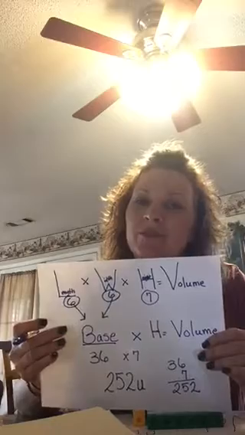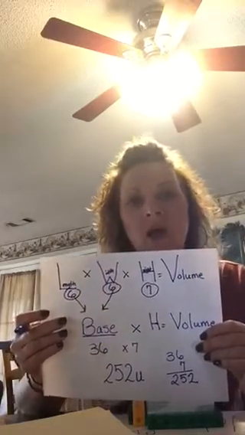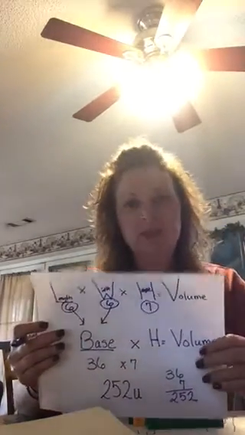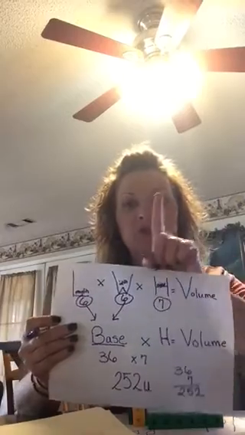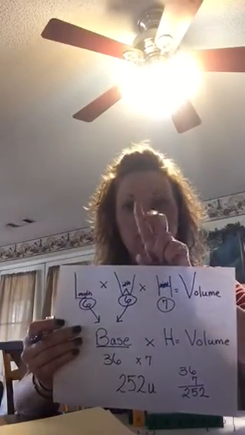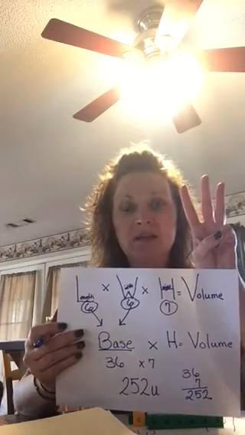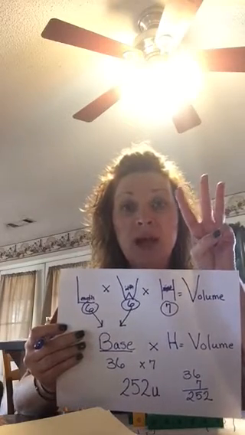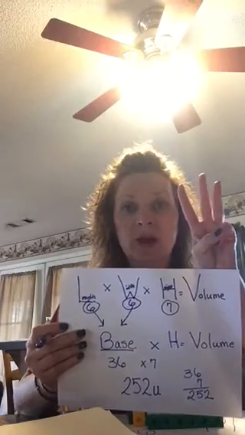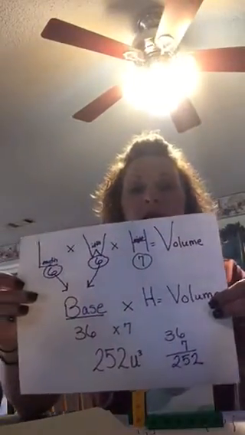I'm still not through. I have to tell the world now how many different directions I measured. I measured the length, got it. I measured the width, got it. And I measured the height. So how many directions did I measure this Kleenex box in? 3. So up above the U, I'm going to put a teeny tiny number 3.